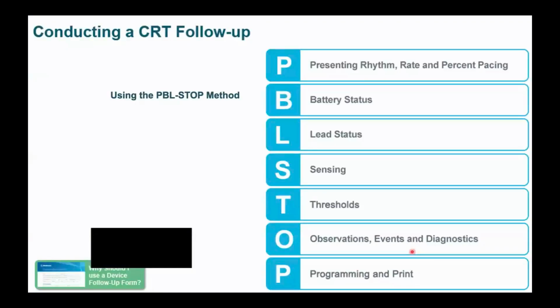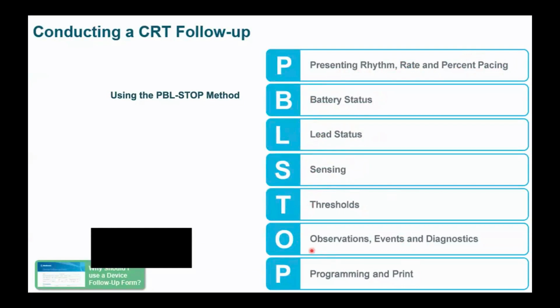Some of the manufacturers recommend this system, which is essentially a standard system for looking at all pacemakers. You look at the patient's rhythm, their underlying rate, and the percent pacing. Just like we did earlier, we look at the battery status, the lead status. We check the sensing and threshold for each lead.